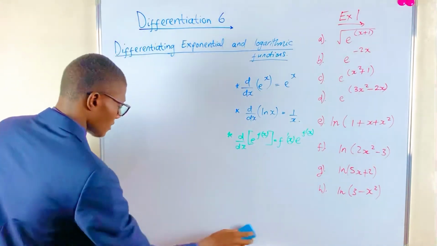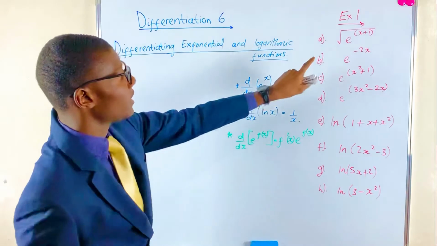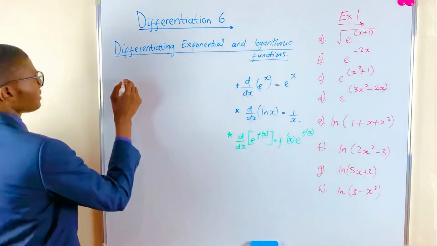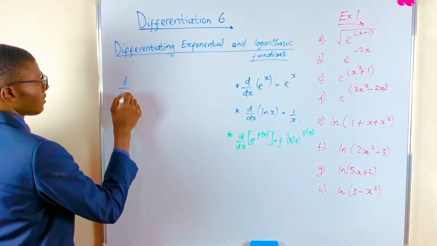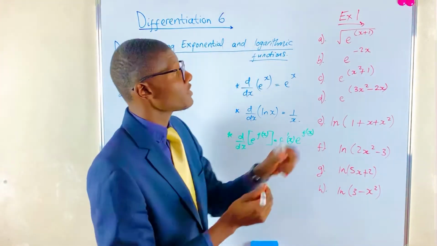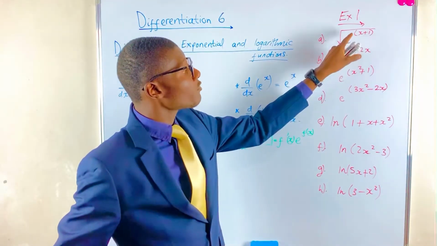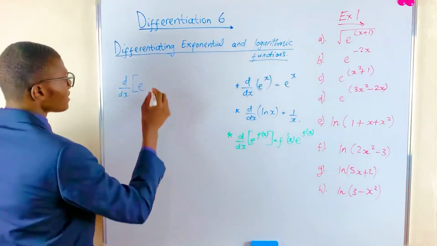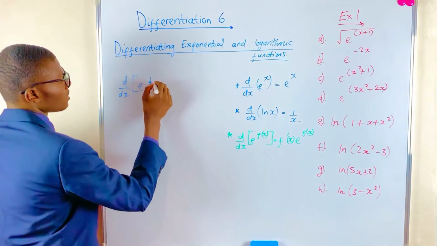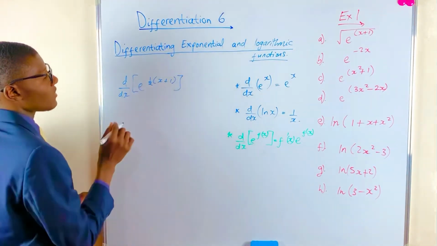So for the first one, we've got d by dx of e to the power of the square root of x plus 1. Removing the square root sign, we know that's to the power of half. So that's e to the power of half times x plus 1, such that this is our f of x.